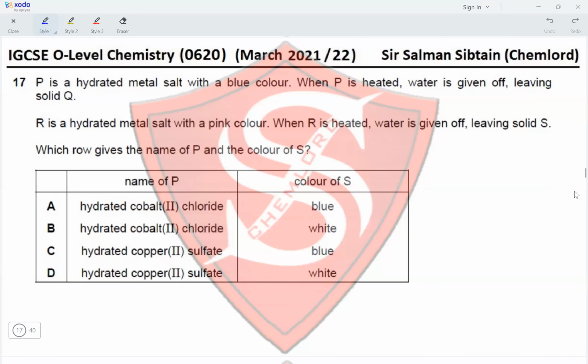Okay. So, hydrated cobalt chloride is pink in color, and hydrated copper sulfate is blue in color. So P is hydrated copper sulfate and R is hydrated cobalt chloride. So since they're asking for P, this eliminates hydrated cobalt chloride.